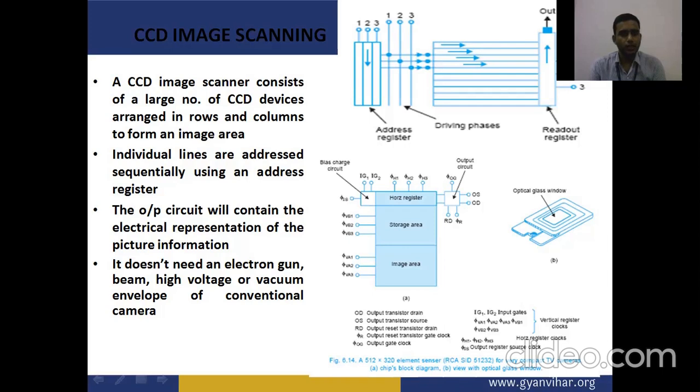Individual lines are addressed sequentially using an address register. The output circuit will contain the electrical representation of the picture information. It does not need an electron gun, high voltage or vacuum envelope as in the conventional camera.